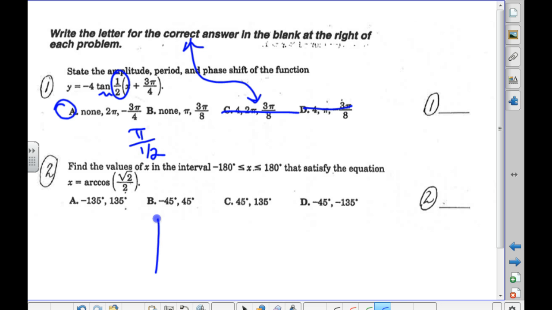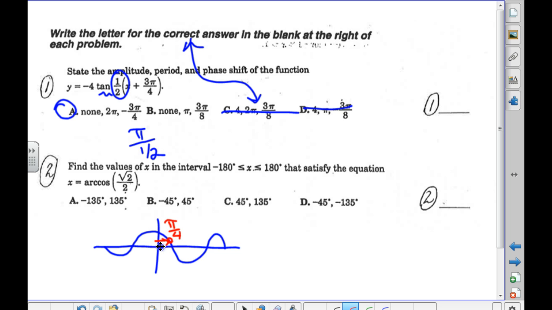This is an awful question I don't like. If we had a cosine graph, okay, pretend that looks like a cosine graph, and you went to find positive square root of 2 over 2, you would go this way how far? Look at your arc cosine unit circle. Square root of 2 over 2, the cosine is pi over 4.